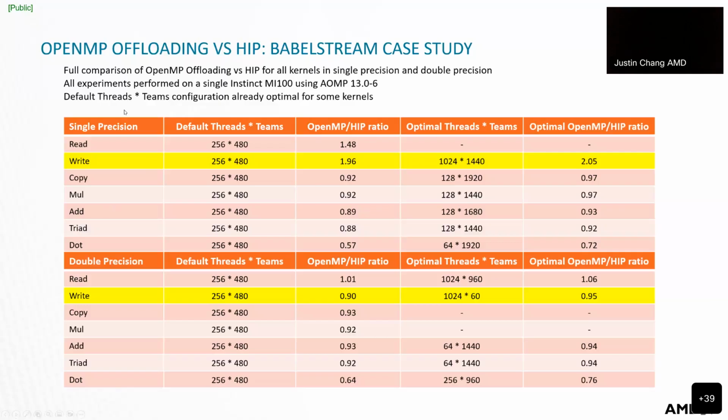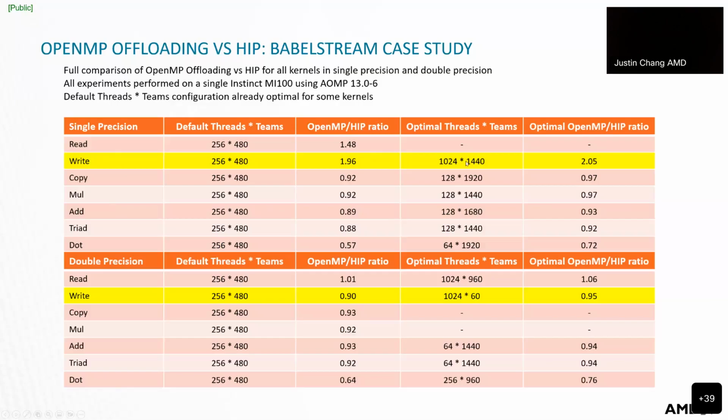On the left hand side, I denote all the different calls within all the different tests within BabelStream. And then I have the default threads teams configuration. This third column here, the OpenMP over HIP ratio, just compares the performance of OpenMP versus what I get from the HIP backend. And so, of course, the higher the number, the better, at least from OpenMP's perspective.